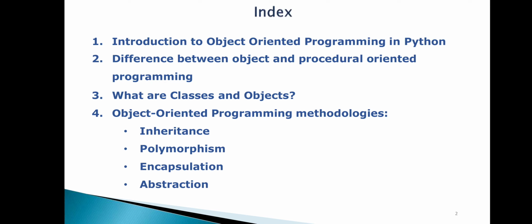In the first chapter we will discuss introduction to object oriented programming in Python, and in the next topic we will discuss the differences between object oriented programming and procedural oriented programming, and later we discuss what exactly a class and object are, and later the object oriented programming methodologies: inheritance, polymorphism, encapsulation, and abstraction.